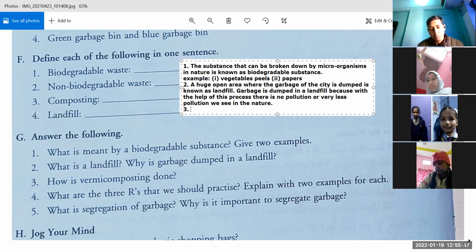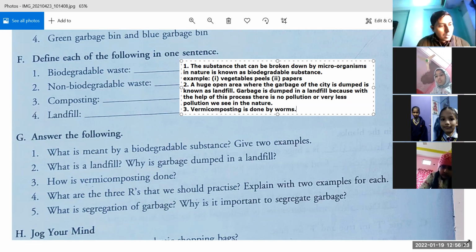Composting can also be done with the help of worms. Such type of composting is called vermicomposting. How is vermicomposting done? Vermicomposting is done by worms. Right answer.